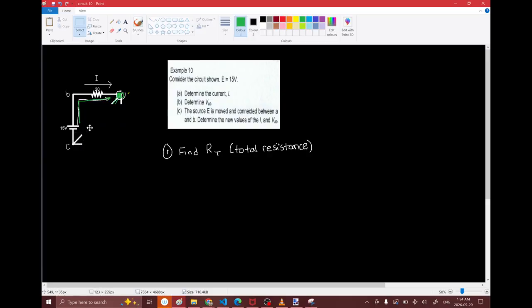So, hold on, let me just erase stuff first. So this new vine, here we go, is actually the combination of the 160 ohm resistor in parallel with the 160 ohm resistor.